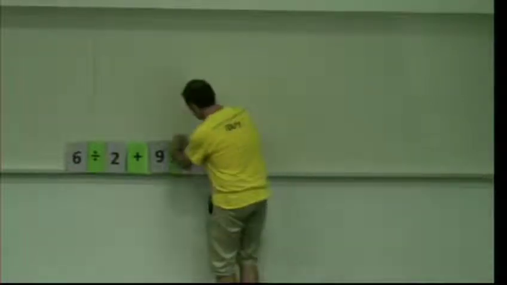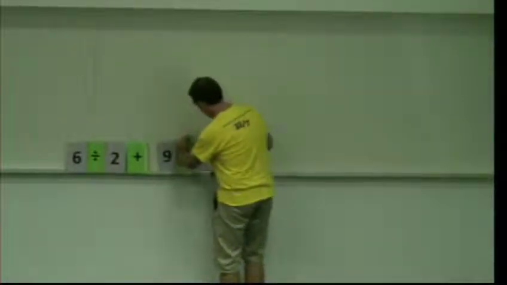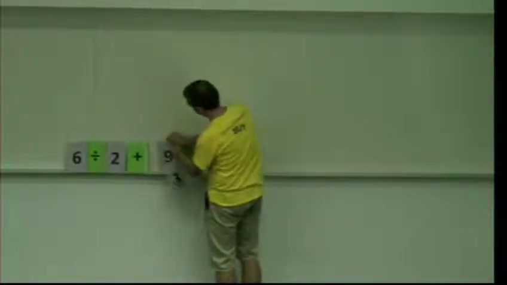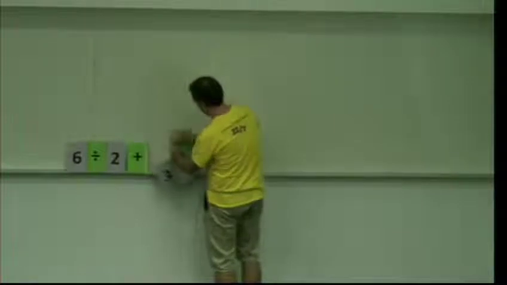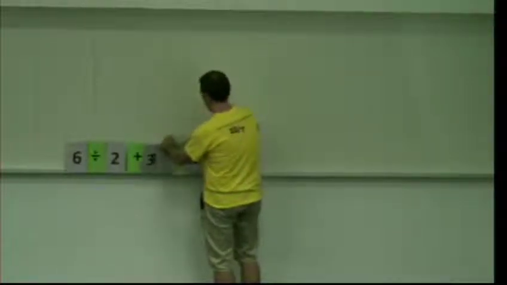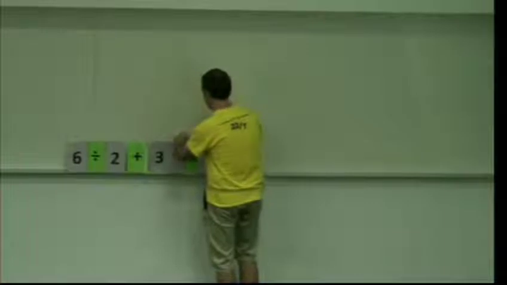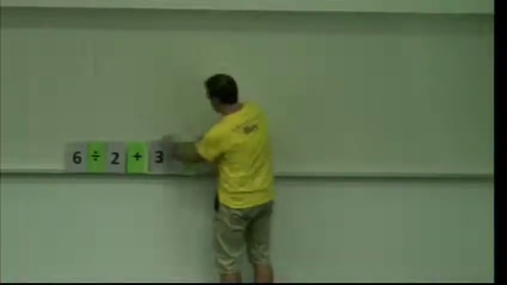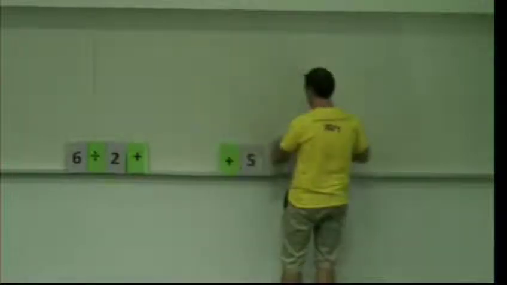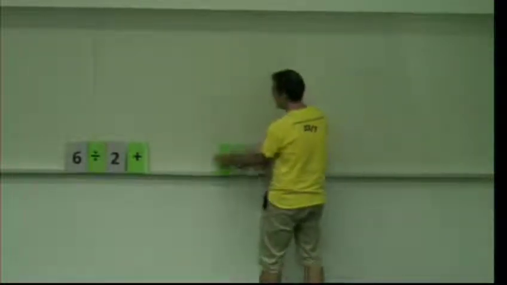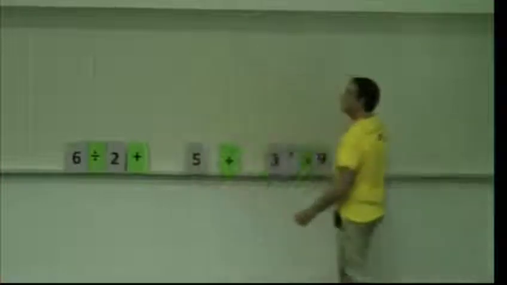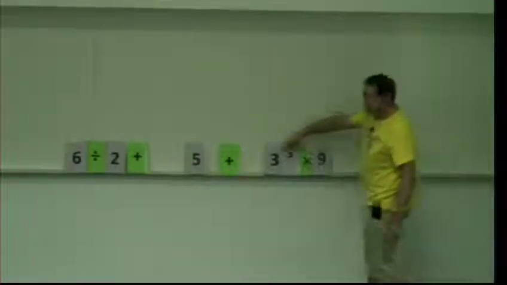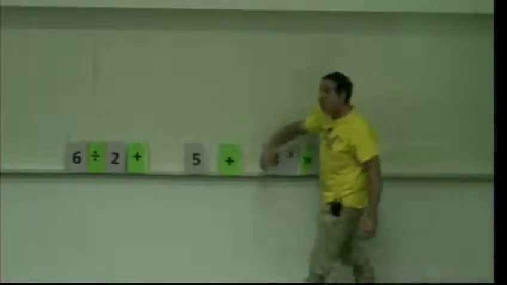I could do this if I wanted. And I could switch these over. All right. And that would be perfectly fine because the power has to be done first. As long as the power goes with the number that it's attached to, you'll all be fine. But I could just as easily move the whole thing because it's all glued together with the times. Okay? So when you want to rearrange things, powers follow along with the number they're attached to.